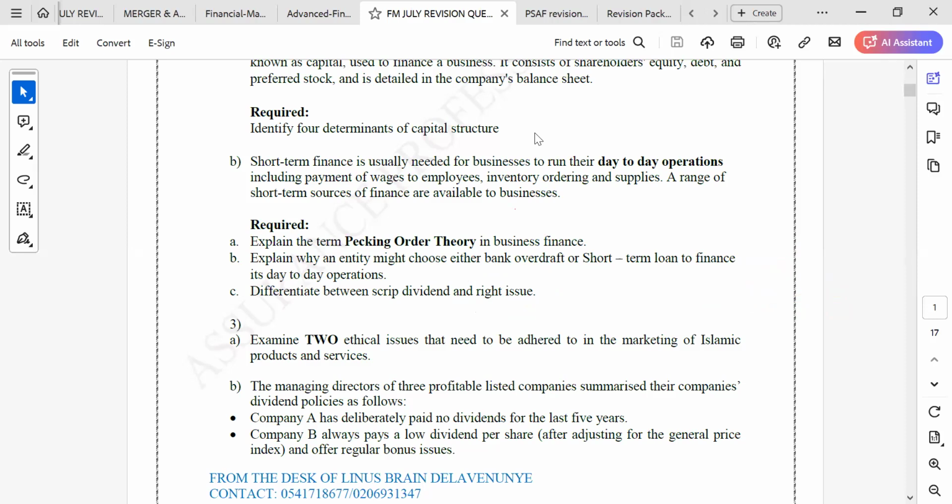Why are we giving the shareholders this? Because they have a right that we call preemptive rights.